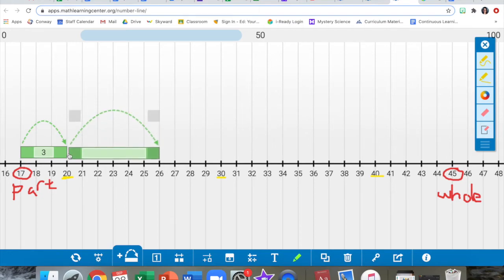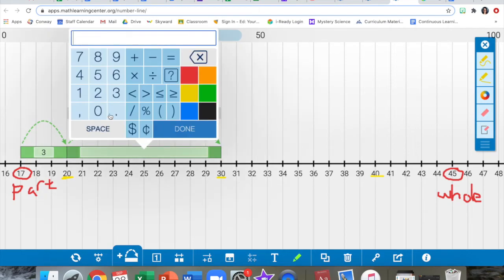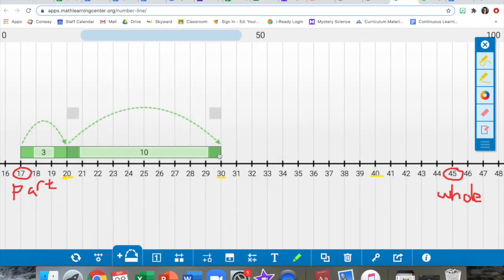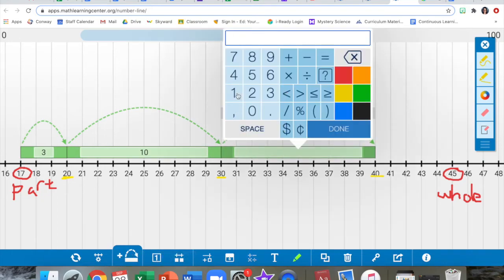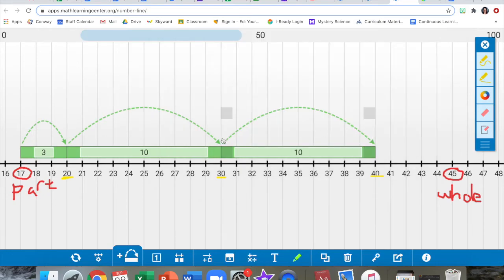I think I'm going to go 10 here, and I'll do another jump of 10 right here. All right, so now I'm at 40, but the whole was 45, so I need to do one more little jump of 5.